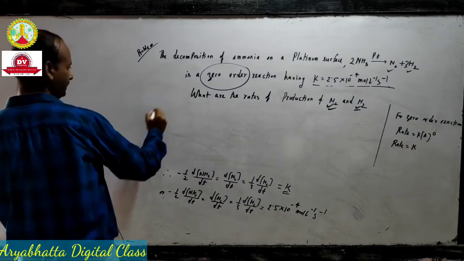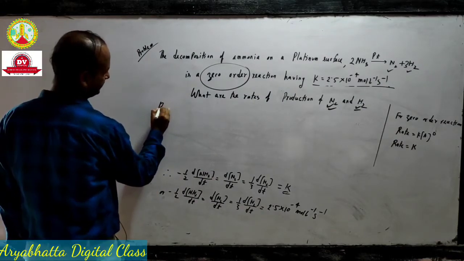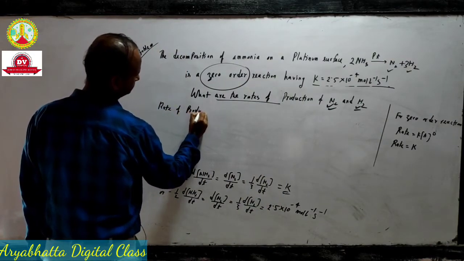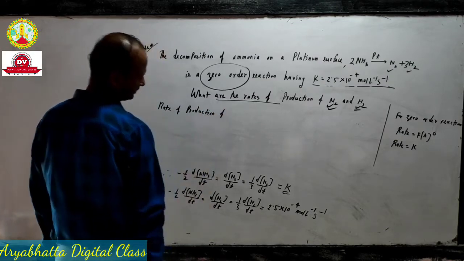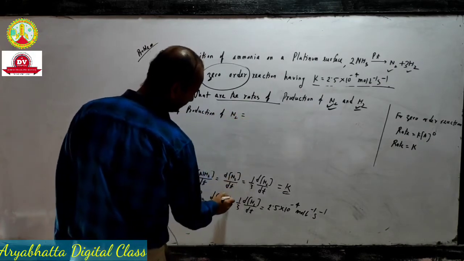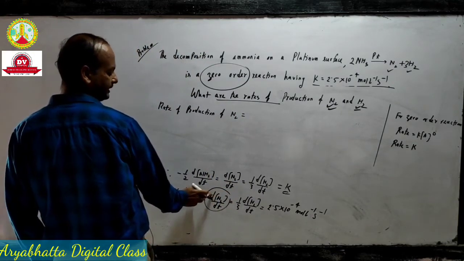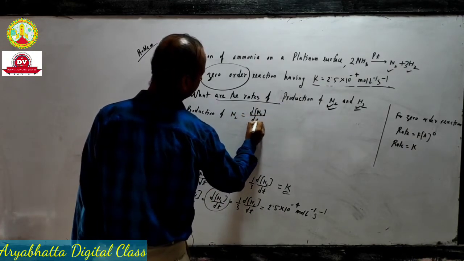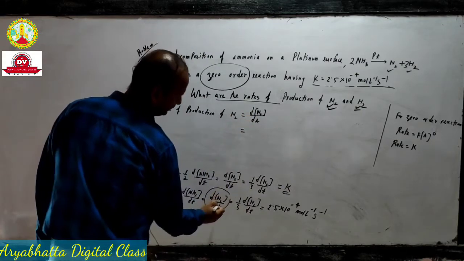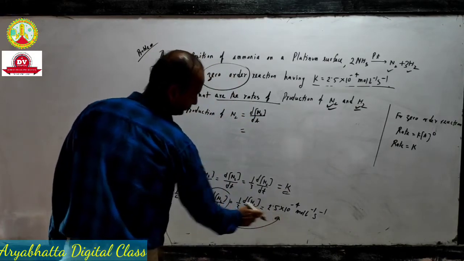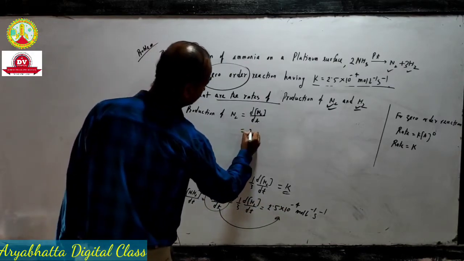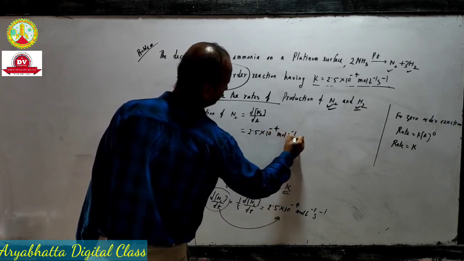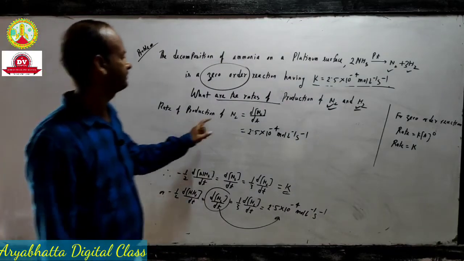Rate of production of nitrogen: here nitrogen is the product, so this will be d[N2]/dt. Equating this term to k, d[N2]/dt is 2.5 into 10 to the power minus 4 mol liter inverse second inverse. Clear? This is the first part, the rate of production of nitrogen.